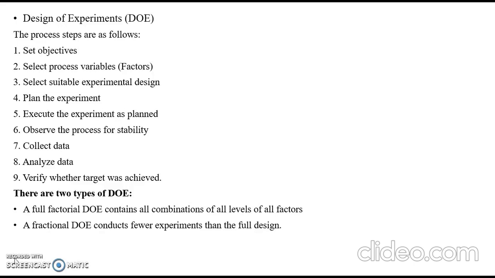And the second one is to select the process variables, that is factors. Before deciding the process inputs and outputs, it is necessary for the team to have one more round of brainstorming session and decide the input factors to be changed, keeping in mind the resulting changes in the output.